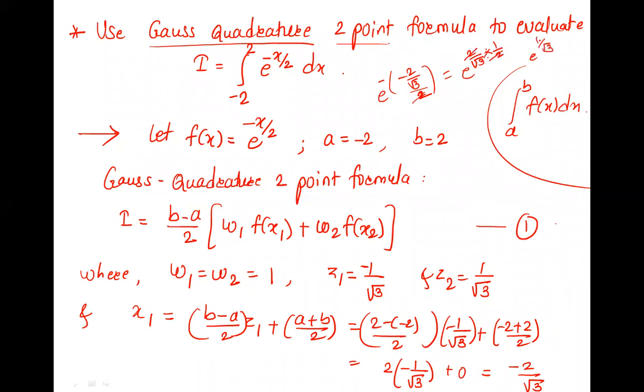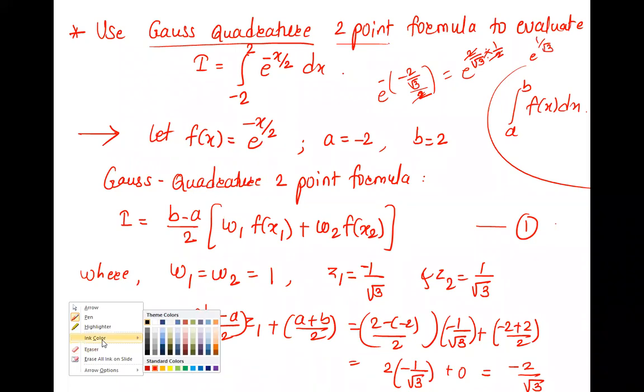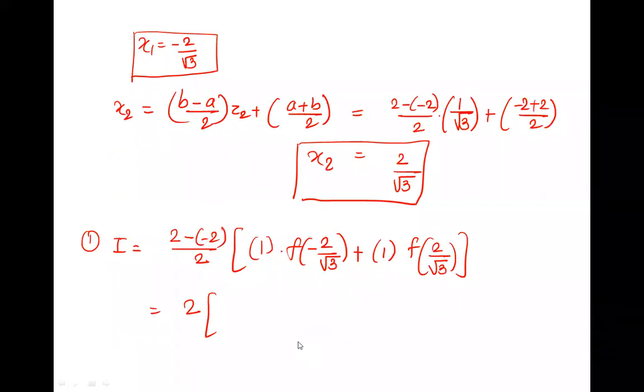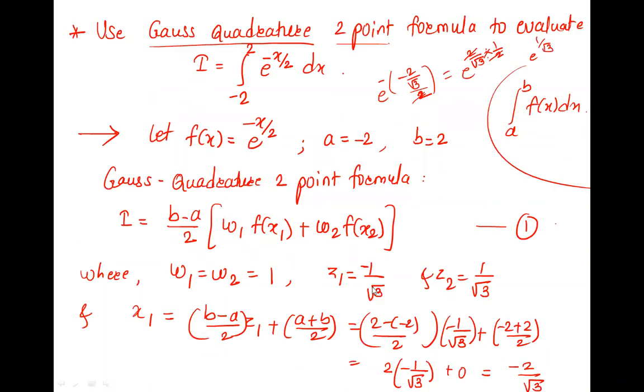You can solve it. 1 upon root 3, what is the answer? 1.787813, 1312, correct. And now find f of 2 by root 3. 0.5613.